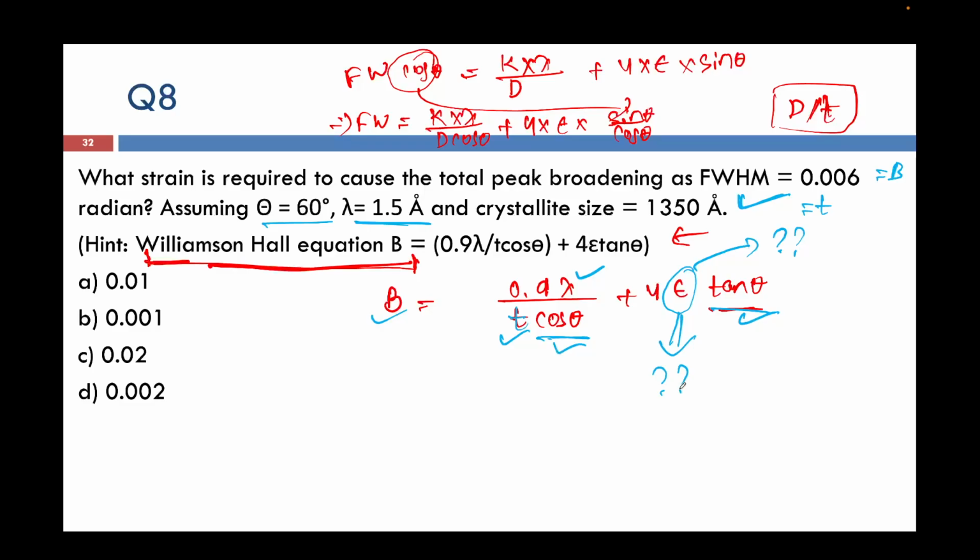Has anyone calculated? Is anyone having a calculator? How much is it coming? If it is not coming exactly, then you can choose the approximate, the closest value also. Since we are talking in terms of angstrom, there might be some plus or minus values coming, so you have to round it up.